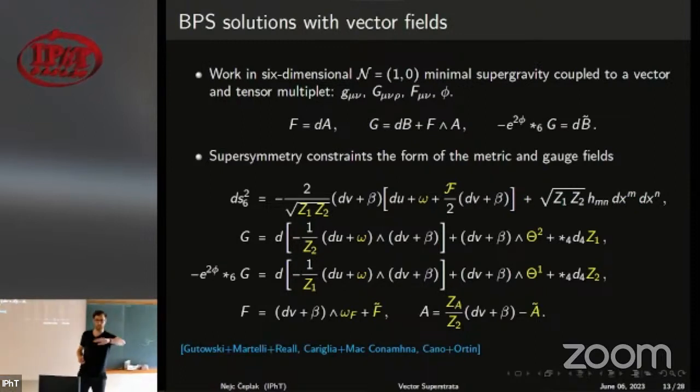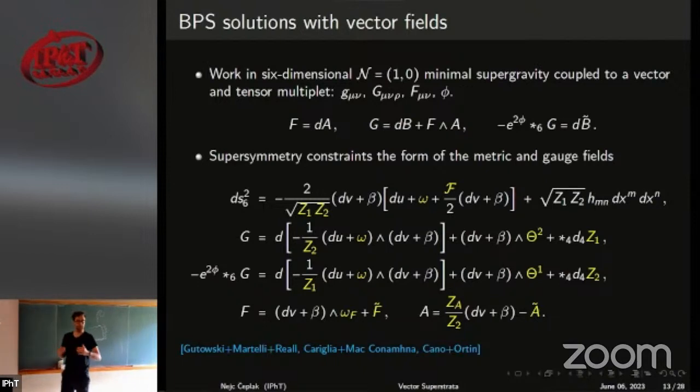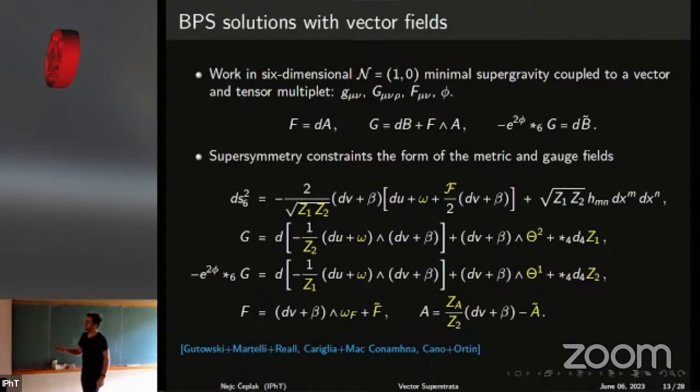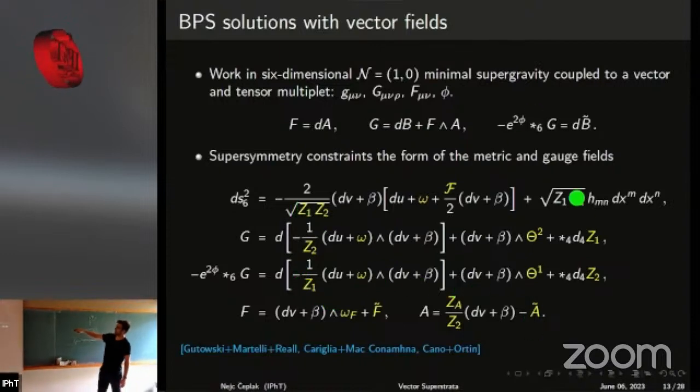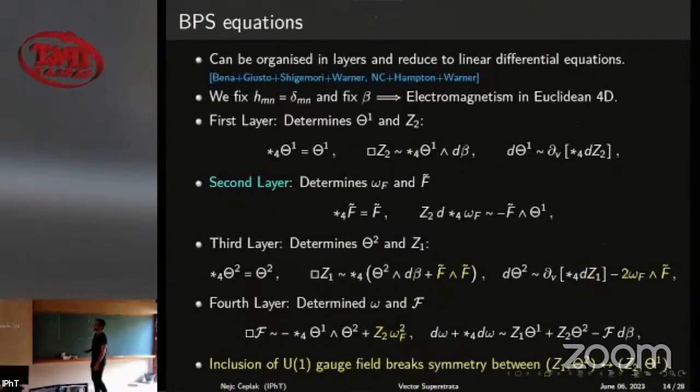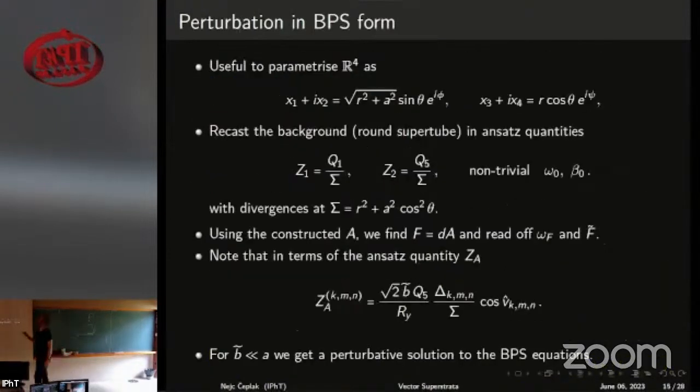So what you end up solving is just electromagnetism in Euclidean flat space. This ansatz is not very important. What I've highlighted is that you decompose all of your fields, and what you're solving now is just basically v and some scalars, Z1, Z2, and ZA, and then some forms.